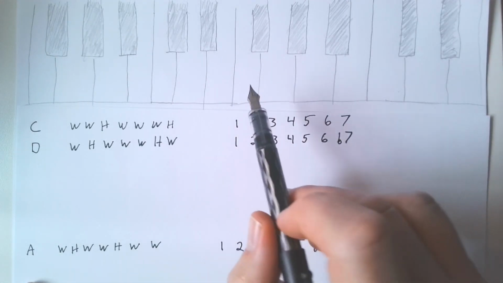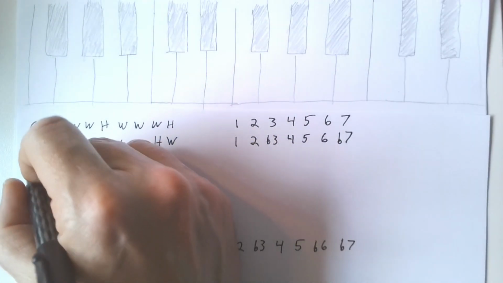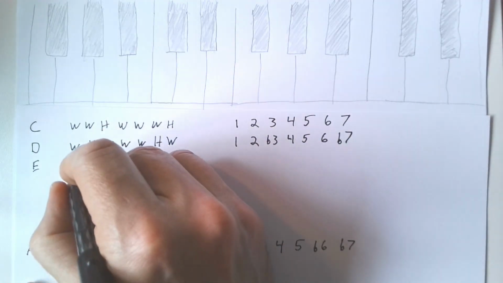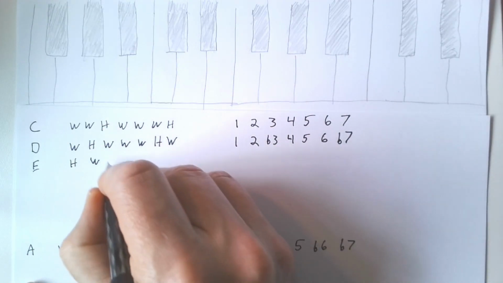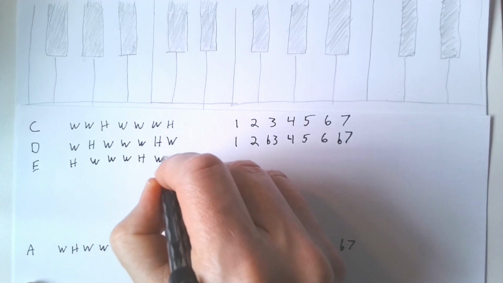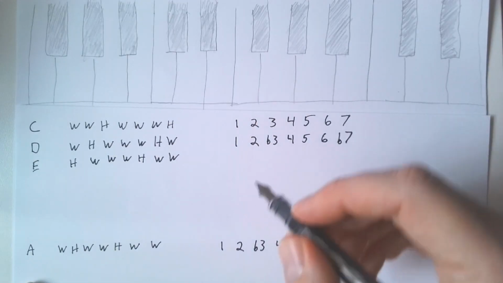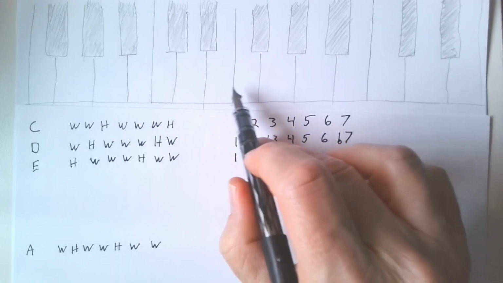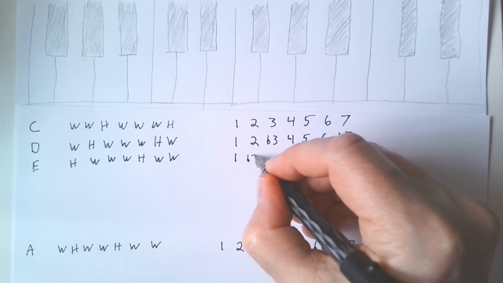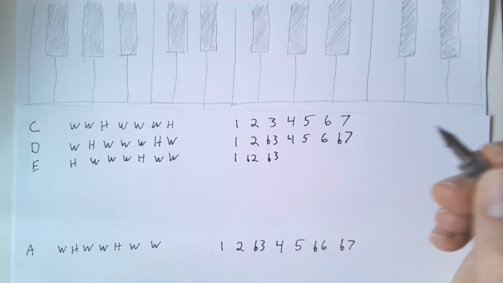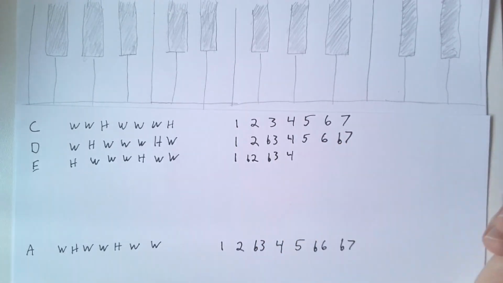What happens if you start on the E? If you start on the E, right off the bat you get a half step. Half, whole, whole, whole, half, whole, whole. What does that look like? It's the 1. Now it's the flat 2. It's the flat 3. Then the 4.